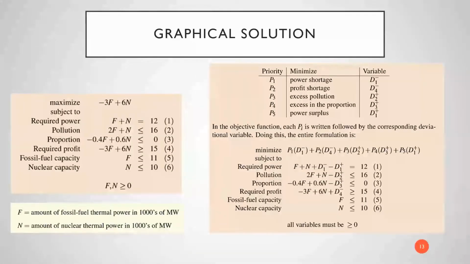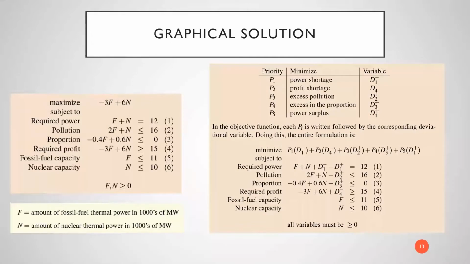Now, you might think that I have 7 variables in the model and I will not be able to solve it graphically. However, the good news is that we only have 2 decision variables here, namely F and N. And we would be able to solve the model by creating several subproblems sequentially.